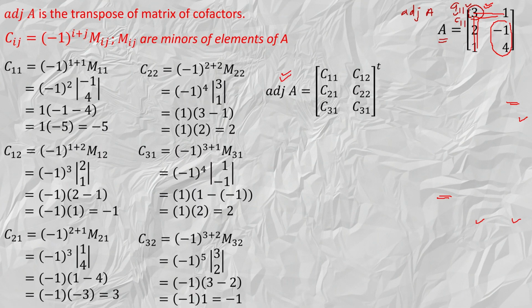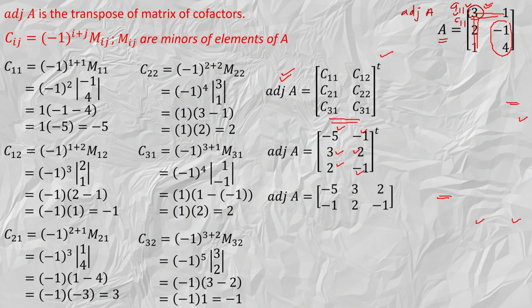Therefore, adjoint of A will be the transpose of the matrix of cofactors. Replace the values of all cofactors and adjoint of A will be equal to the transpose of minus 5, 3, 2, minus 1, 2, minus 1. After taking the transpose, we get adjoint of A is equal to minus 5, 3, 2, minus 1, 2, minus 1.